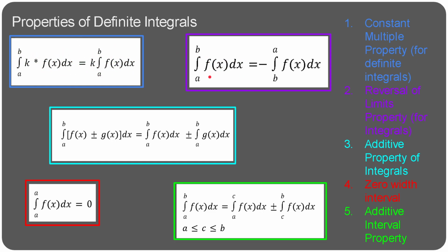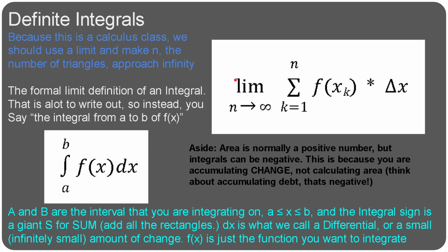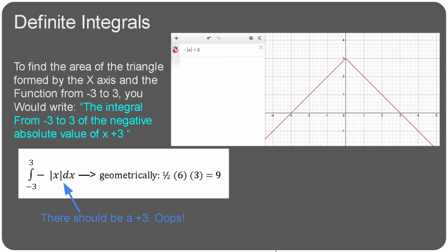B is called the reversal of limits property. So this is an interesting property. If you have the integral from a to b of the function f of x, it's the same as the negative integral from b to a. As I mentioned on this slide, you can have a negative integral, right? You can have negative accumulation.